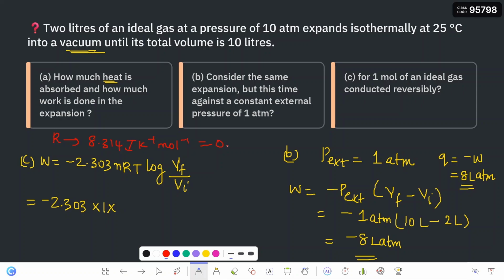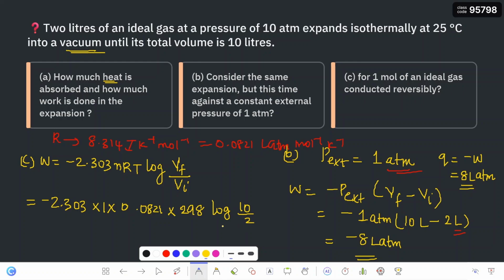Another value is 0.0821 liter atmosphere per mole per Kelvin. So there are different values. Since here we are writing everything in atmosphere and liter, I am taking this value 0.0821. That value you have to take, 0.0821 liter atmosphere per mole per Kelvin, into temperature 298 Kelvin, log 10 by 2.